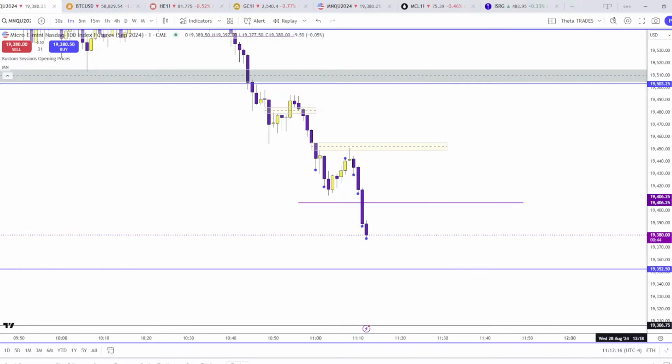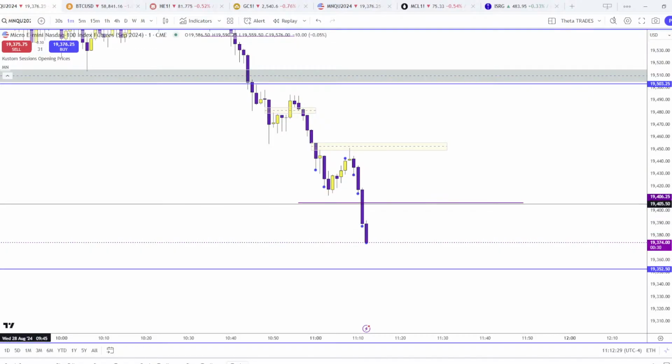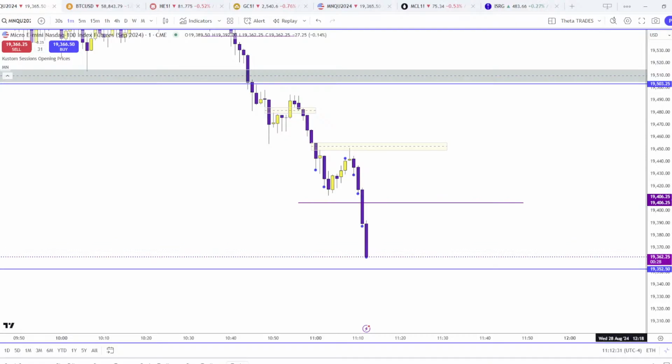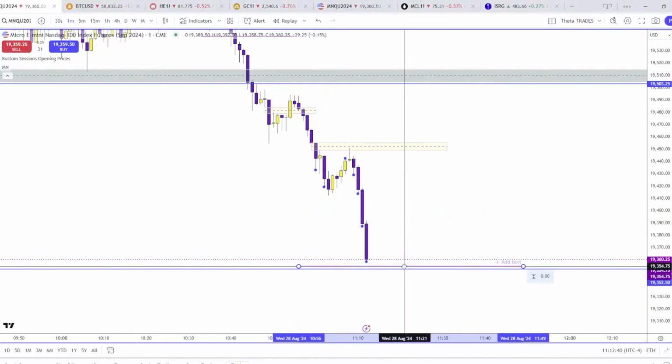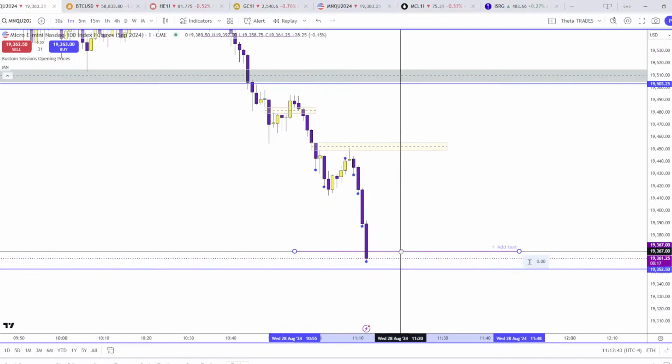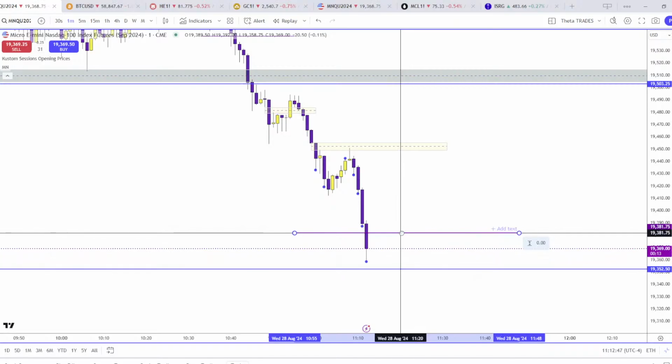So who's got another downside objective? What's the next one? I'll tell you what it is. What do you guys got for your next downside objective? I'll see if it's the same as what I got. I'll give you guys a second to tell me what it is before I give you mine, before it reaches my objective.